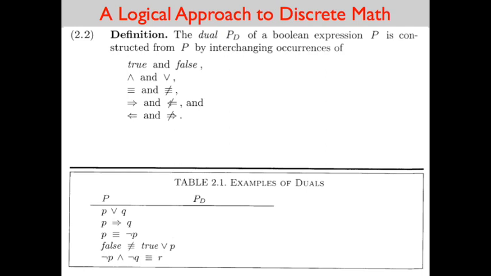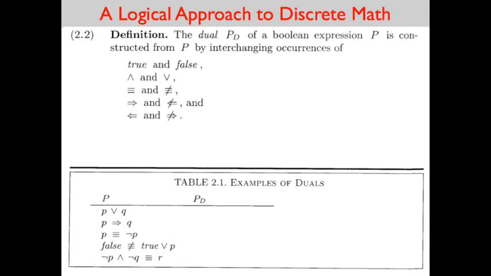And everywhere there's a follows from, you make it not implies. And everywhere there's a not implies, you make it follows from. That's the recipe. Does everybody understand how that recipe works?